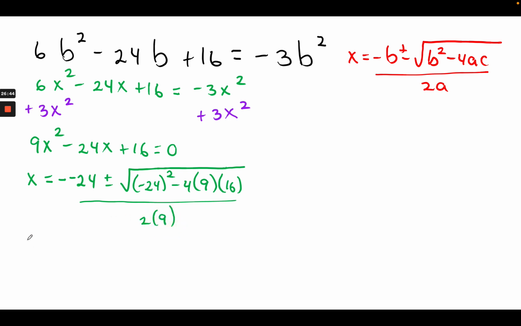I think I'm going to need my calculator for this one. All right, so x is equal to, I've got a negative 24. That's going to be a positive 24. And we're going to do the square root of, okay, what's 24 squared? 576 minus, let me see, 4 times 9 times 16.